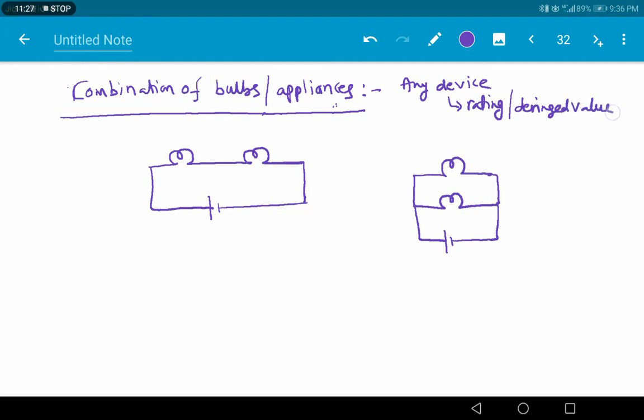Sir, what is meant by this designed value? This rating or designed value gives the information about an appliance. For example, a tube light is given a rating like this: 40 watt 220 volt, or a fan is given a rating like this: 60 watt 220 volt.